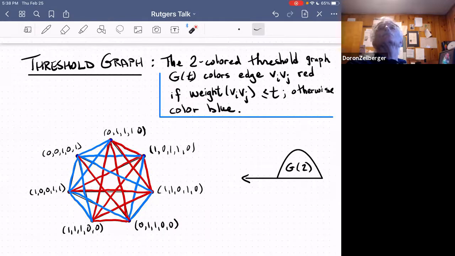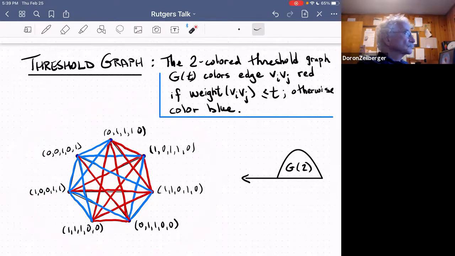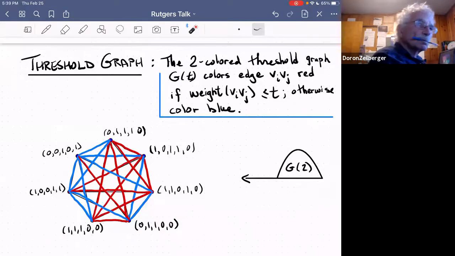The threshold graph, which I'll label G of T, colors the edge between vertex I and vertex J red if that weight is less than or equal to T. So here I've constructed G of 2.